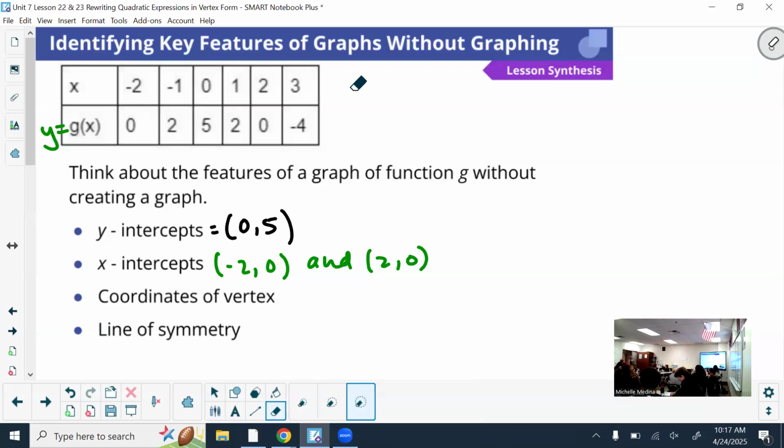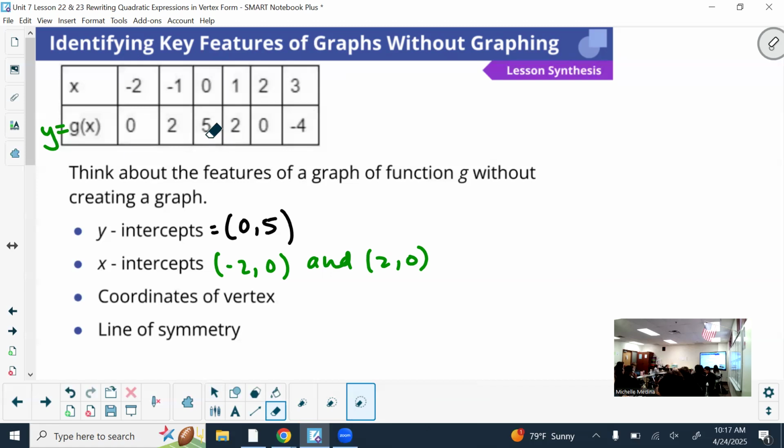All right, so forget from a table, maybe from a graph, how would you identify the vertex? What part of the graph is the vertex? The center point, like where it starts to turn. So where does it look like the numbers start to turn? Asking all of you. Where? Emily?